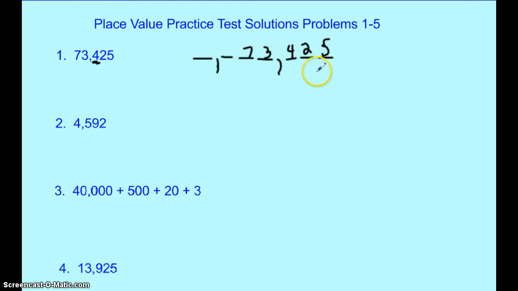Knowing our place values, the 5 is in the ones, the 2 is in the tens, and the 4 is in the hundreds place, because the hundreds place is the third place over. So the answer to number 1 is hundreds.